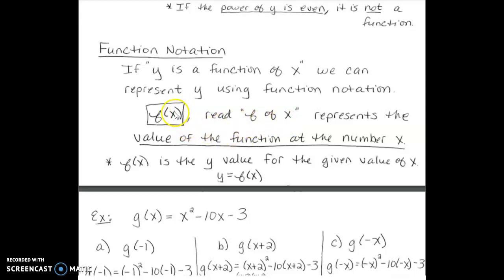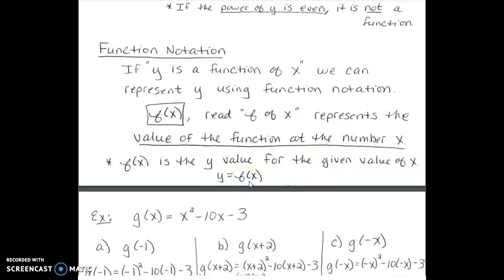In other words, given an x value to plug into our function, f represents the value of the function for that number. So f of x is the y value for the given value of x.